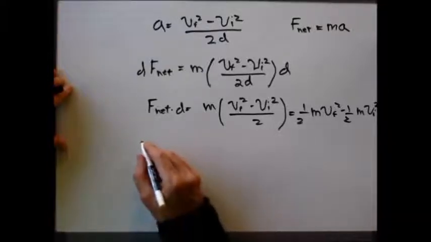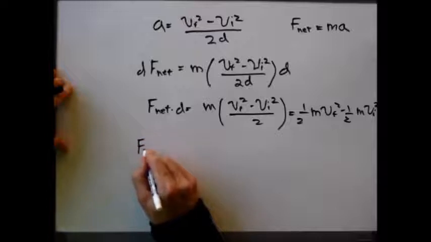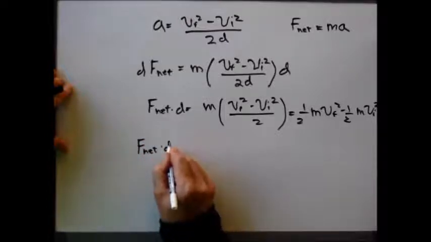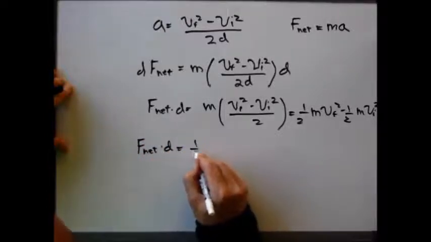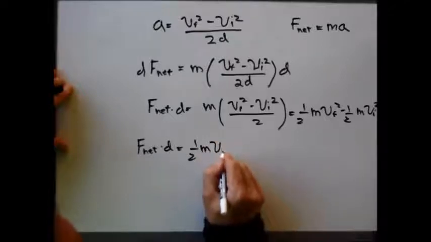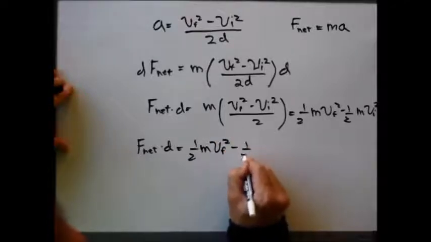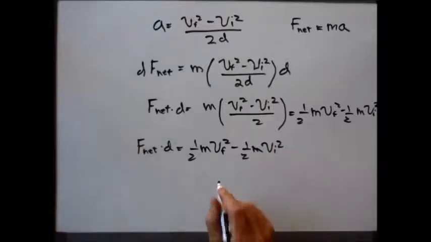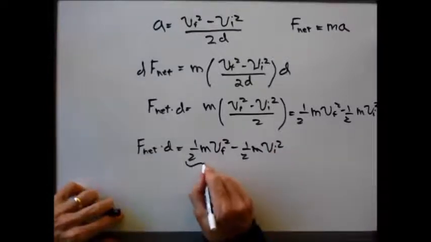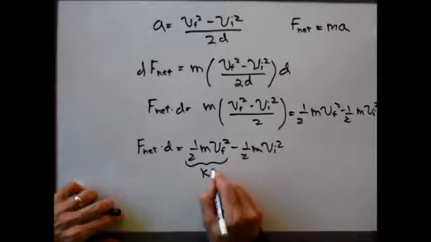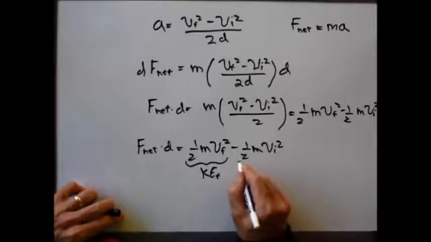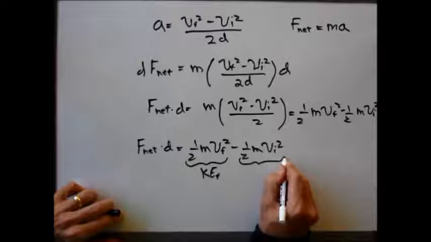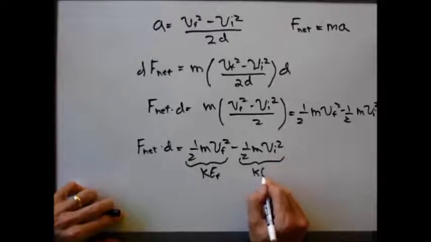And so I get this formula, F net times distance equals 1/2 m V final squared minus 1/2 m V initial squared. These things we call the kinetic energy. So this is the kinetic energy final, and this one here, without the minus sign, is the initial kinetic energy.